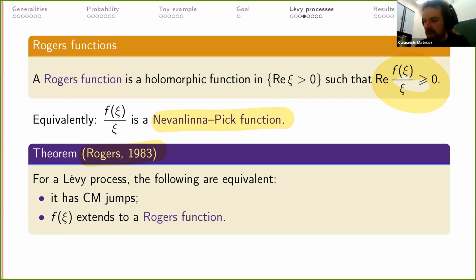And it turns out that these two conditions are equivalent. So a Lévy process has completely monotone jumps if the symbol f extends to a Rogers function. So analytically, we'll consider Fourier multipliers with particular symbols.